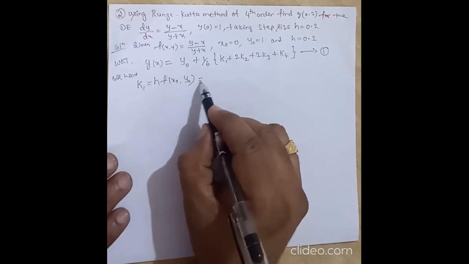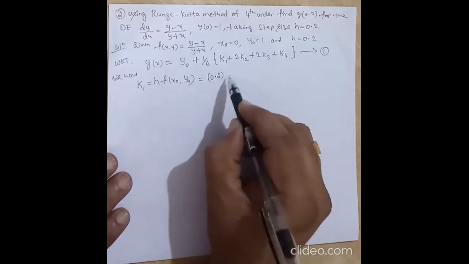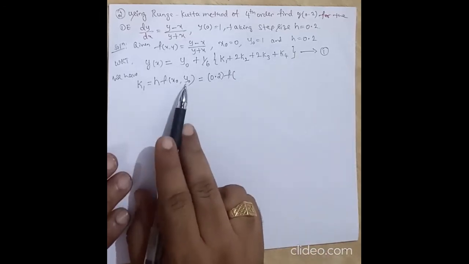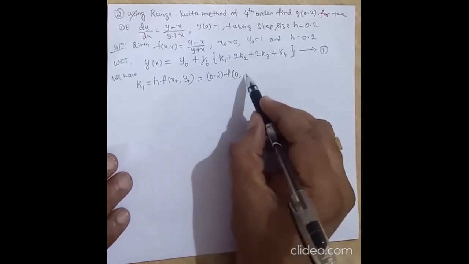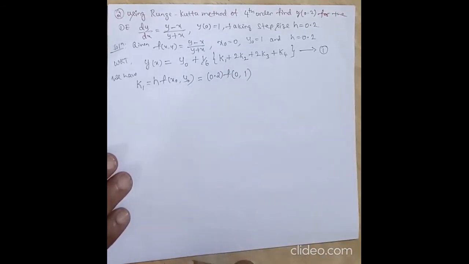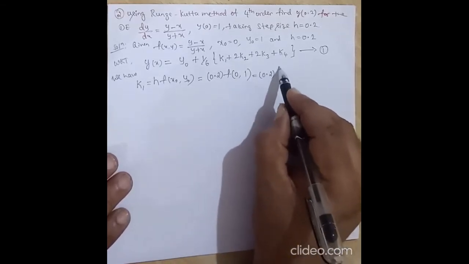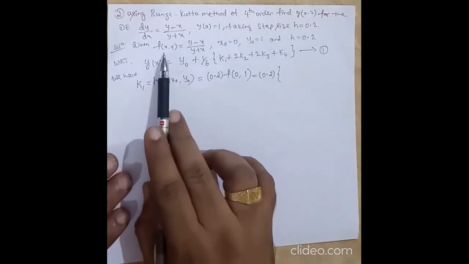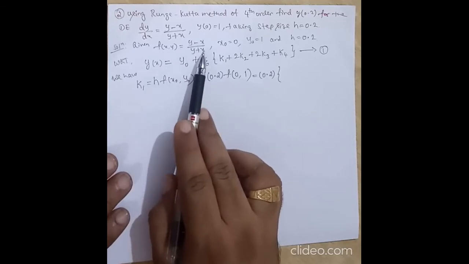This is equal to h. What is h? 0.2 into f of x naught comma y naught. So what is x naught? 0 comma y naught means 1. Now this is equal to 0.2 into, see f of 0 comma 1. We know f of x comma y is y minus x by y plus x.